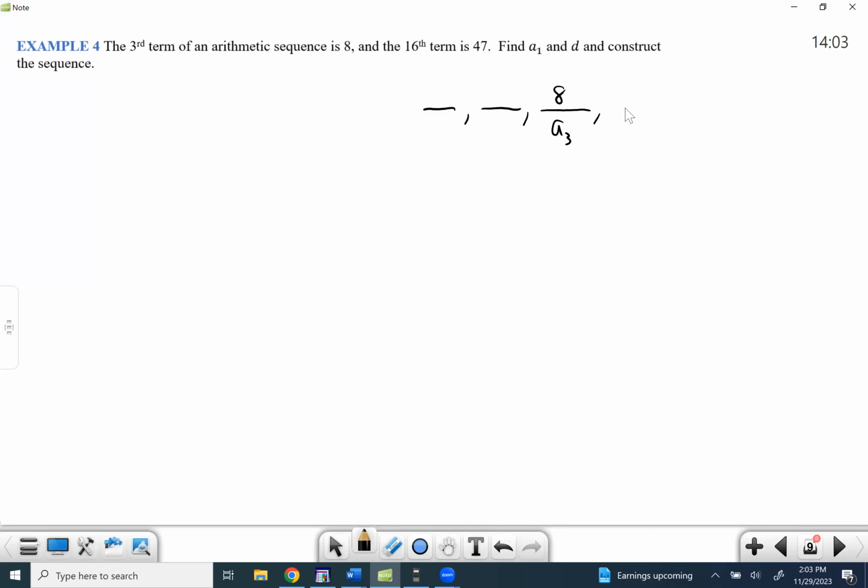Okay, and then we know further down the line, but I'm not going to go all the way to the 16th. I don't feel like drawing that many blanks. Okay, so I'll just do this. We know that the 16th term is 47. So anytime they give you two terms and it's not the first term, right? That's when you're going to be using the other formula.